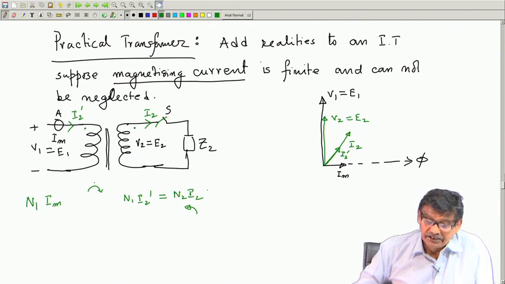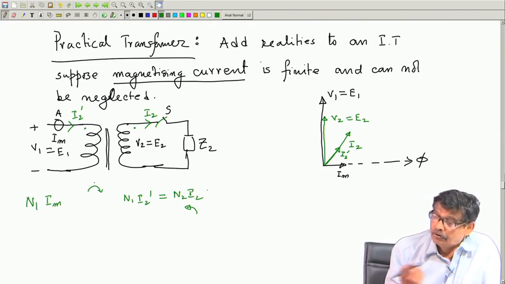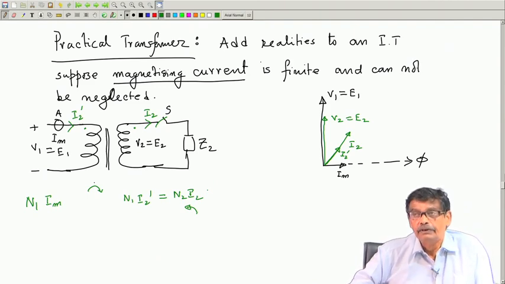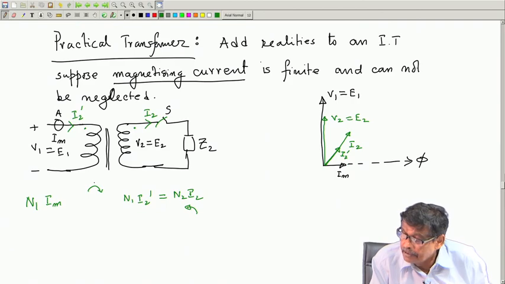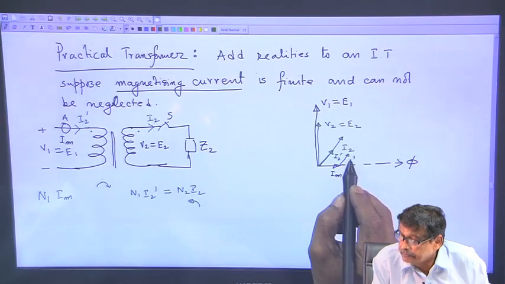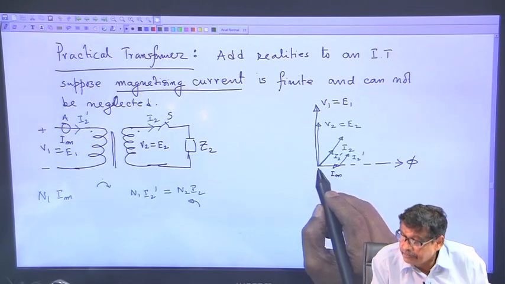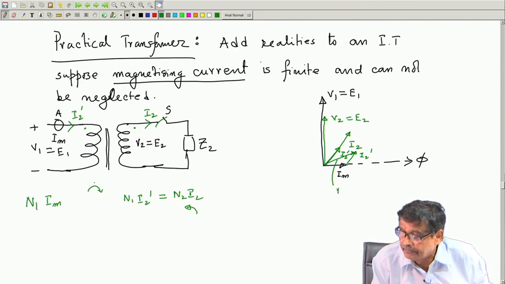But the question is, what will be the current drawn from the supply? So, the current drawn from the supply will now have two components. One is the magnetizing component I m plus this I 2 dashed, and this will decide I 1. Are you getting it?